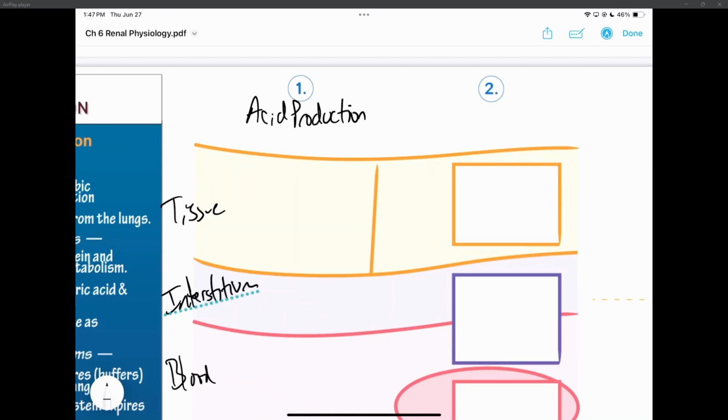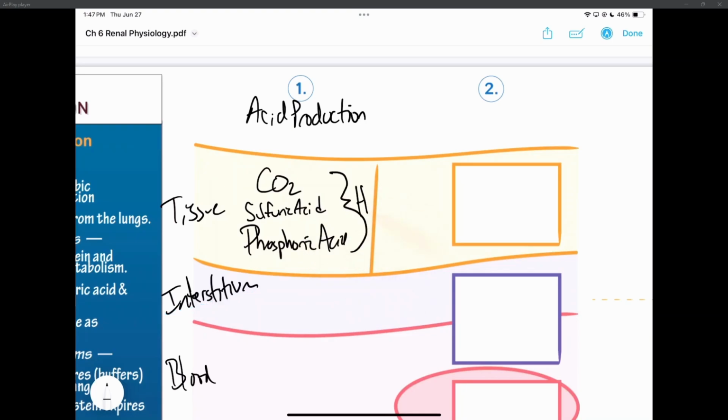Our tissues create CO2, sulfuric acid, and phosphoric acid. All these are basically hydrogen ions. So we group them all together; they're going to create hydrogen ions, making the blood more acidic, because all this hydrogen is being created.